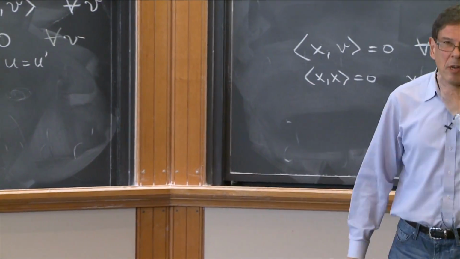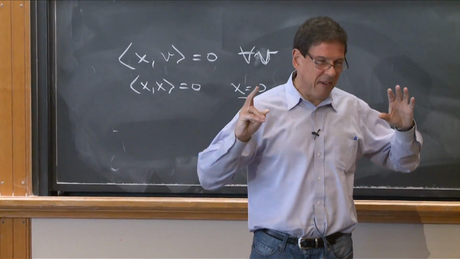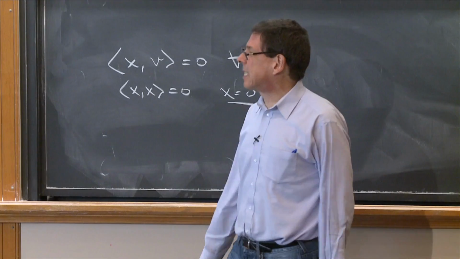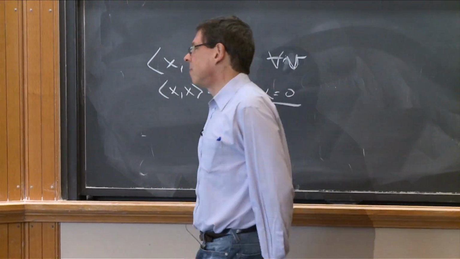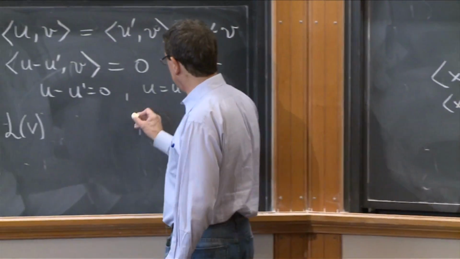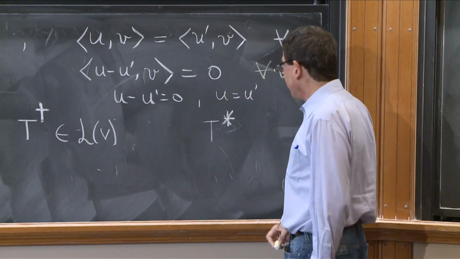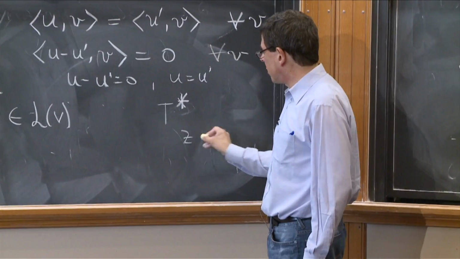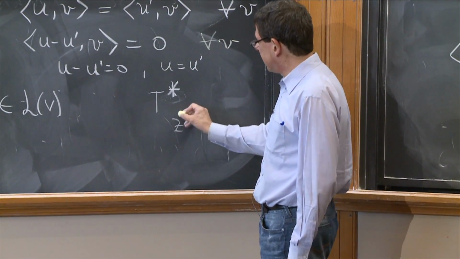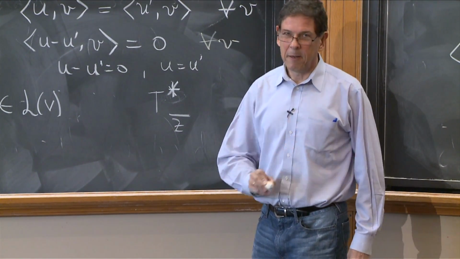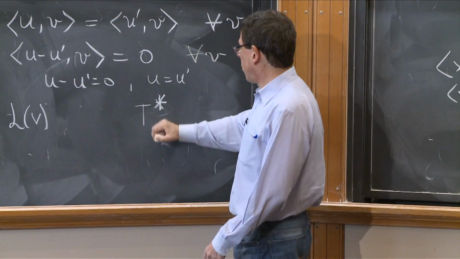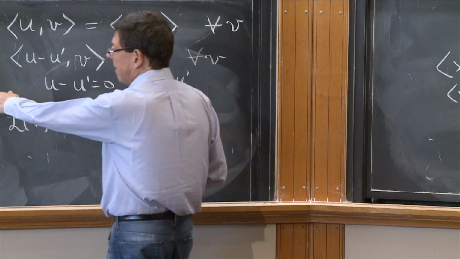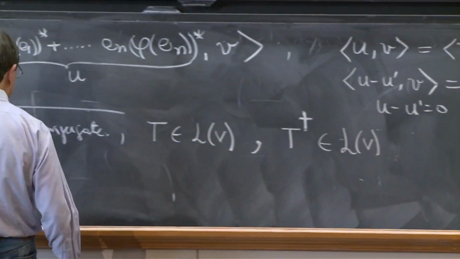Now, the way we're going to do it is by defining something that is a T star. Well, I said T star because mathematicians, in fact, call it star. And for most mathematicians, the complex conjugate of a number is not z star, but z bar. So that's why I call it T star, and I may make this mistake a few times today.